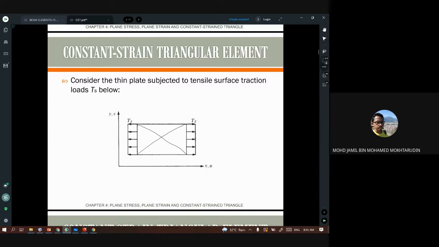This is usually what you encounter in finite element software, maybe Nastran, where the plate is split up using an automatic mesh created by the software.